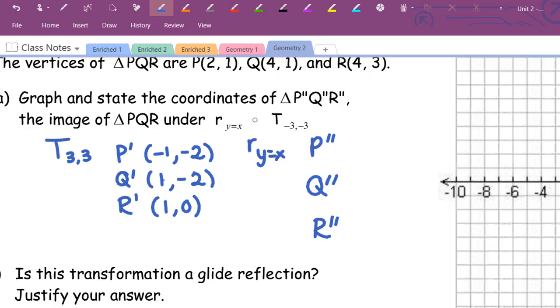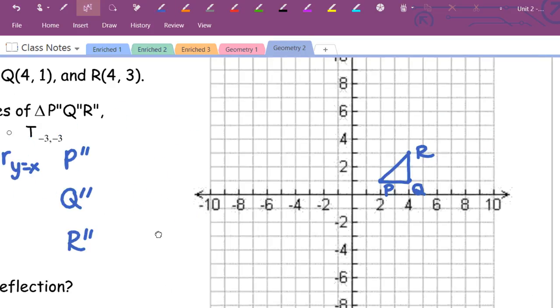Okay. So I'm going to go through and graph that out and make sure I label it so I know what I'm doing. This was -1, -2, and that would be Q prime. Q prime is 1, -2, so that's over 1, 2, 3, 5, and R prime is 0.